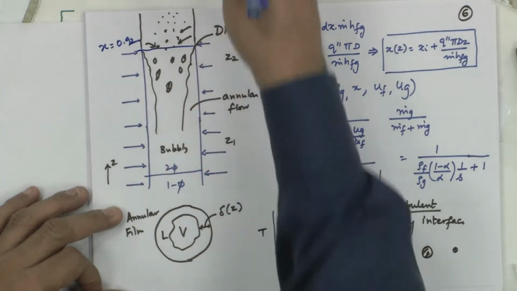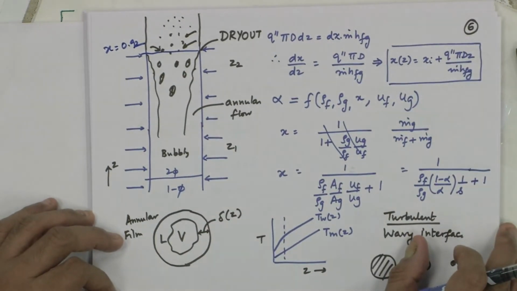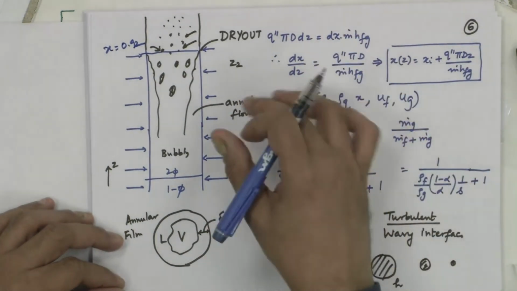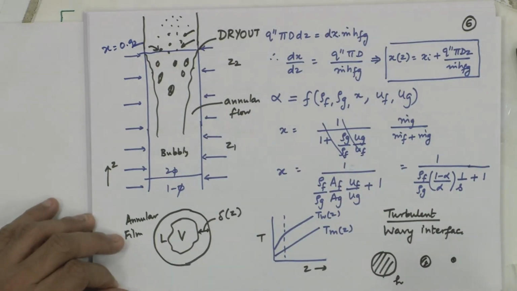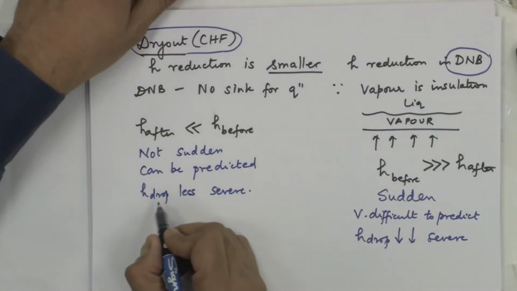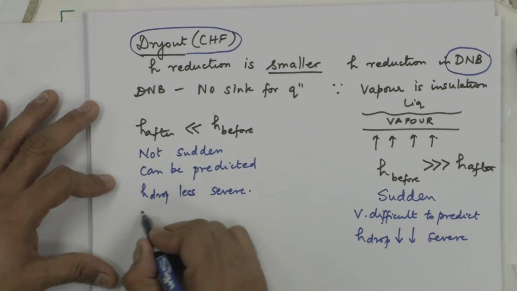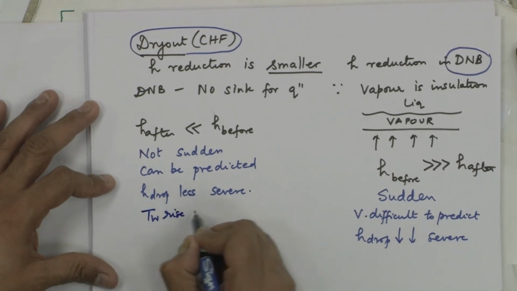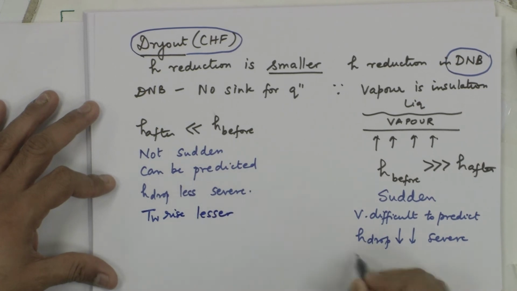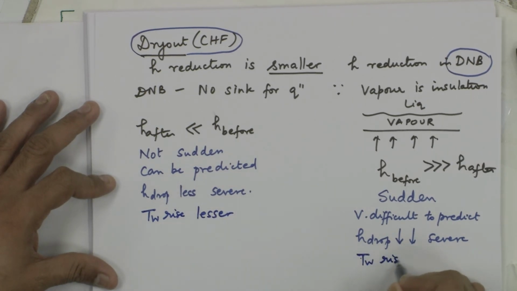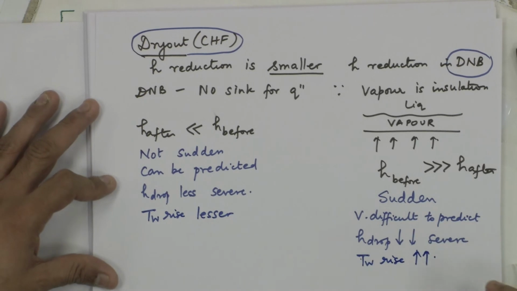So, till I go to x equal to 100% quality, I have a sink where heat is going to be removed, and therefore, the drop in heat transfer coefficient would be less severe. Damage or wall temperature rise is lesser. Here wall temperature rise is much greater.